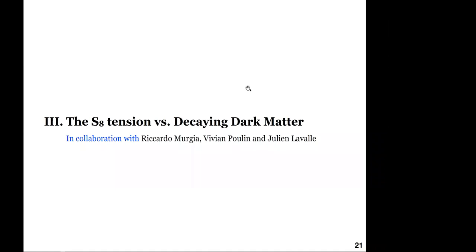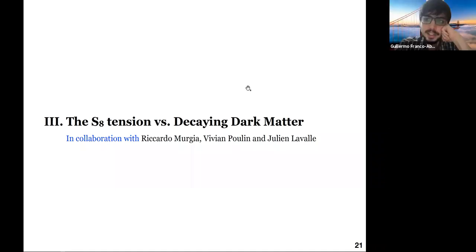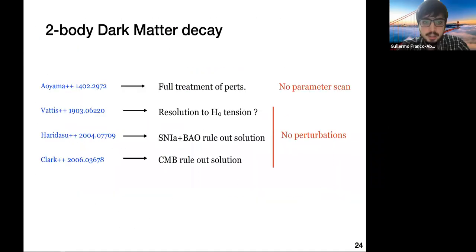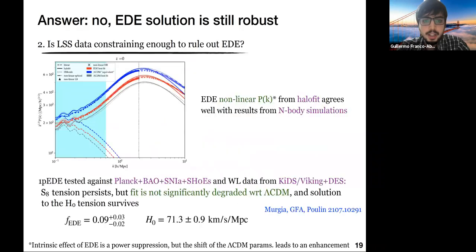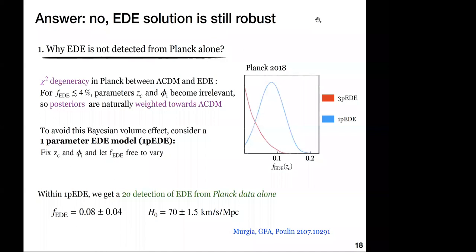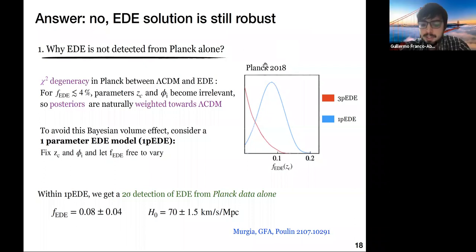Yes, I have a question. Can you hear me? Yeah, I hear you well. Can you please go back to the slide on why Planck cannot detect EDE? Sure. Just to clarify, first, the 1P and 3P, what are they exactly? The 3P is just considering three free parameters in the early dark energy.